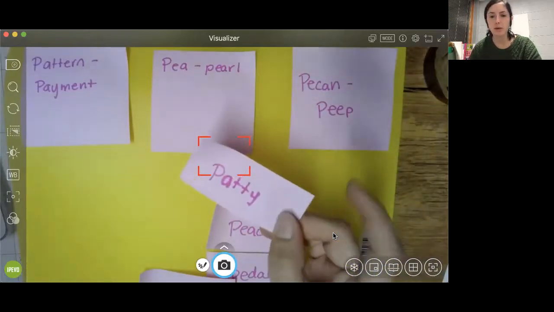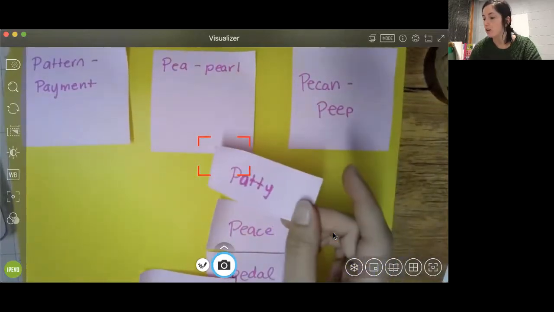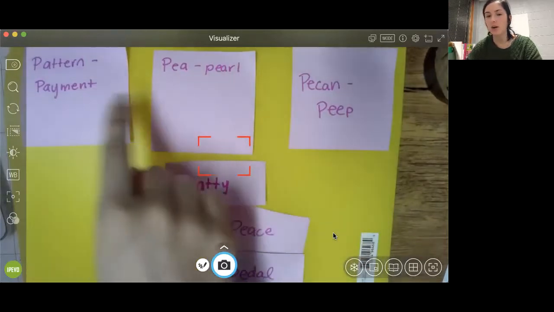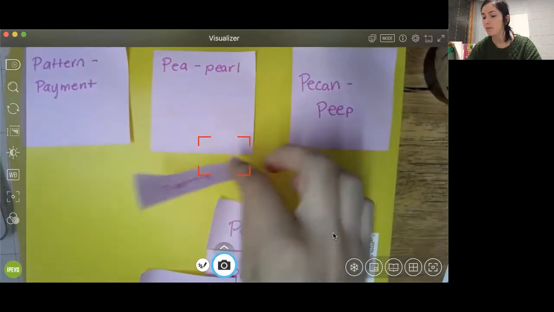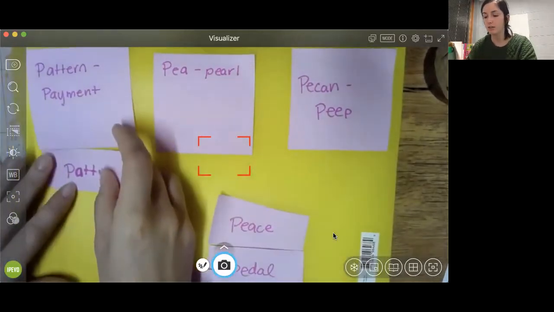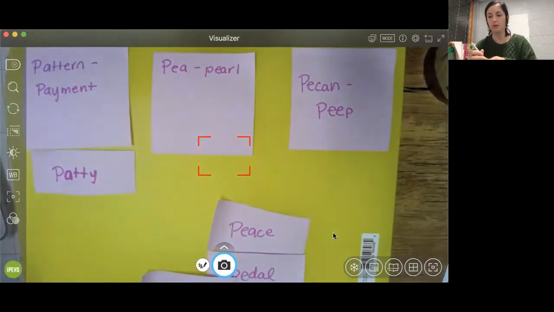So let's start with patty. So right away, we see that it's P-A. Well, all these start with P, but this section starts with P-A. So let's put it there and let's go through it.